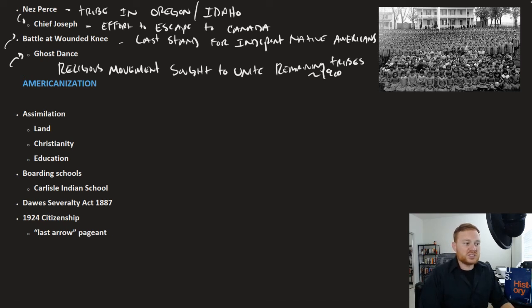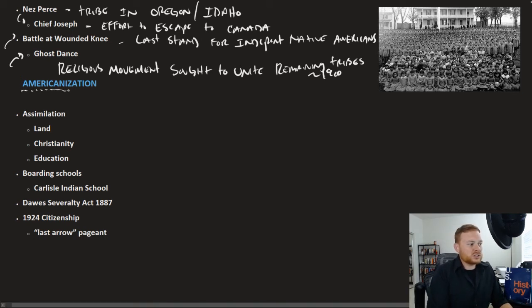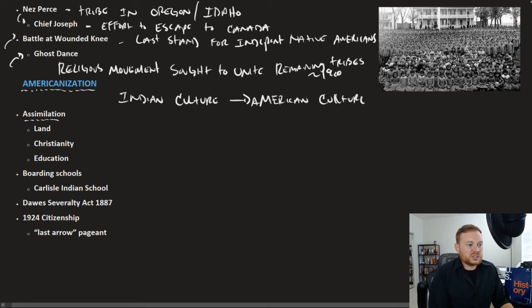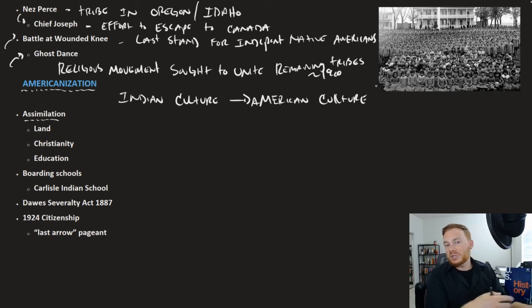It was necessary if needed, but rather a lot of people in the American middle class opted for Americanization and assimilation, and that is essentially for Indian culture to give way to American culture. That peace can be achieved in the West if Native Americans simply give up their language, their dress, their culture, and become Americans.